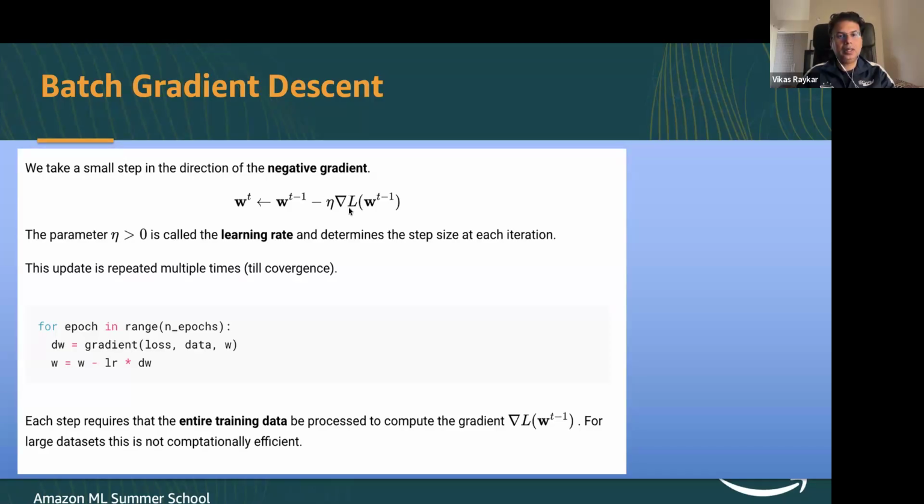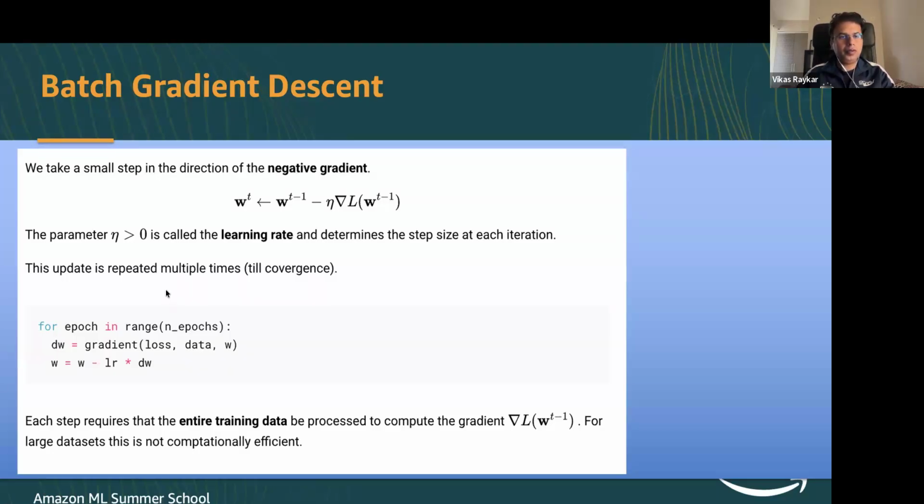Let's say I am standing right now at W(t-1); this is your gradient at that time step. I move in the direction of the negative of the gradient, and the step size is controlled by the learning rate eta. Eta greater than 0 is the standard learning rate and determines the step size at each iteration. We keep repeating this till convergence.